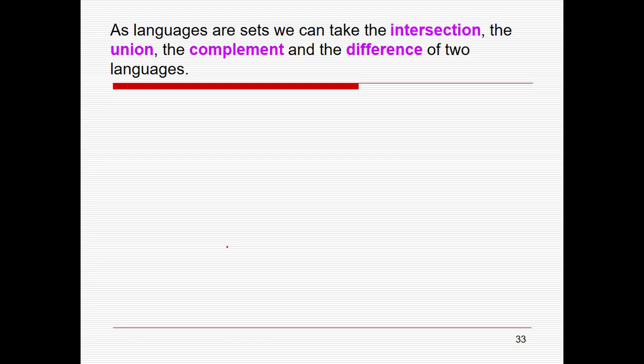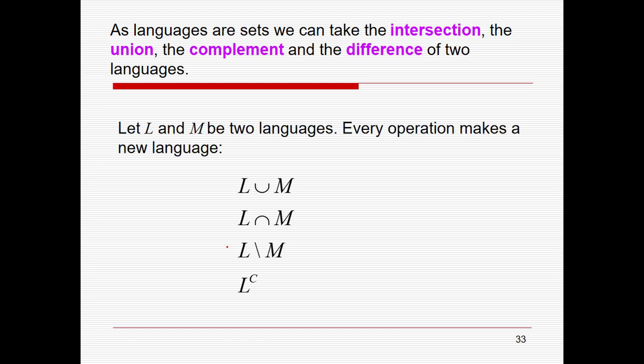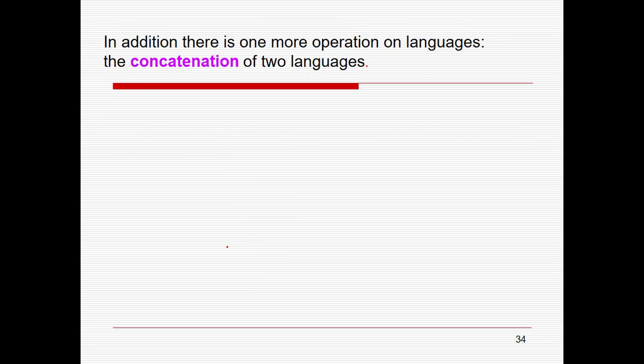With these languages, as we know they're sets, we can take all the normal operations as we already did with sets. So we can look at an intersection, a complement, a union, etc. So everything we could do with sets, we can also do with languages because they're just specific sets. There's one extra operation we can do with languages, and that is the concatenation operation.